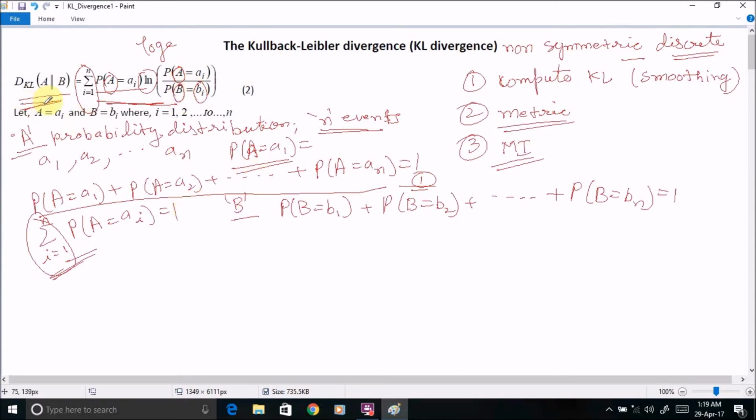KL-divergence. But here we should consider a very important point. Both probability distributions A and B should be defined over the same type of outcomes.